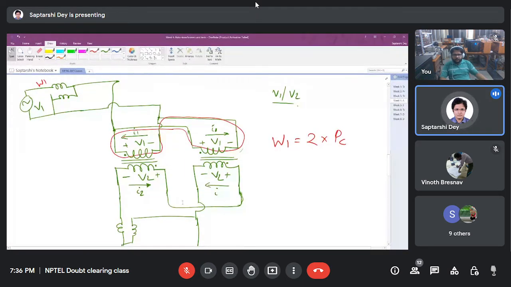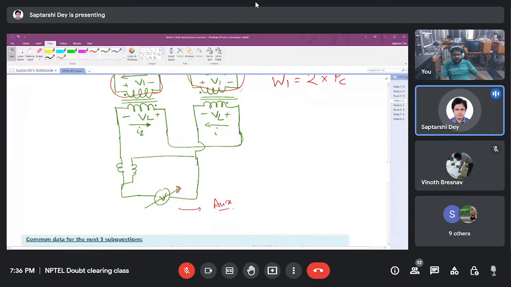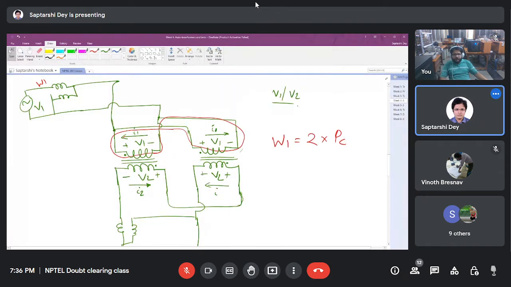And when we are connecting a variable supply voltage and a wattmeter in the secondary, whatever current is flowing here, the excess current induced in this primary did not come from the supply. That was revolving here itself.